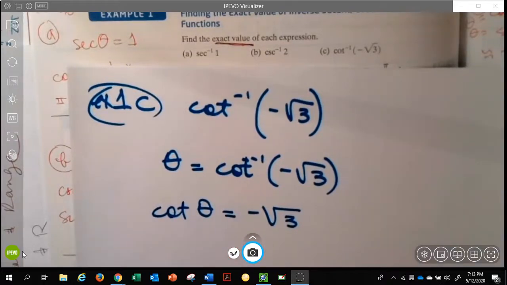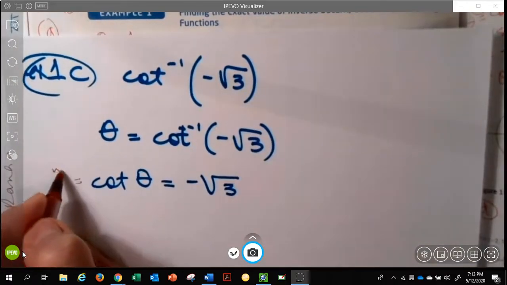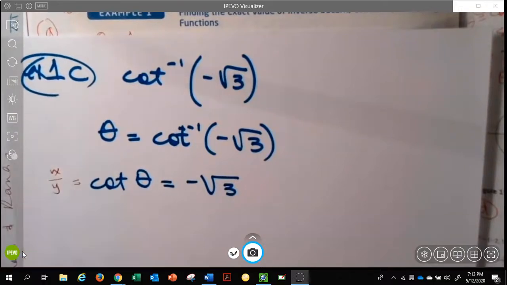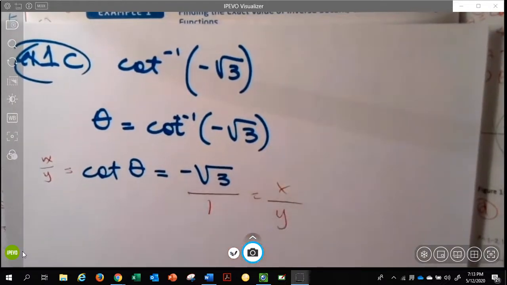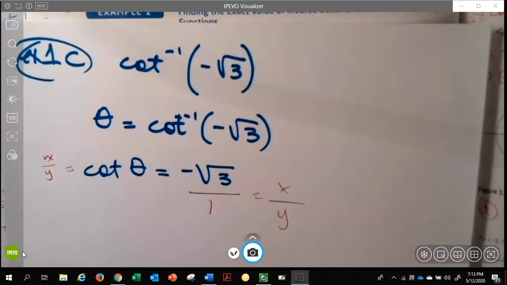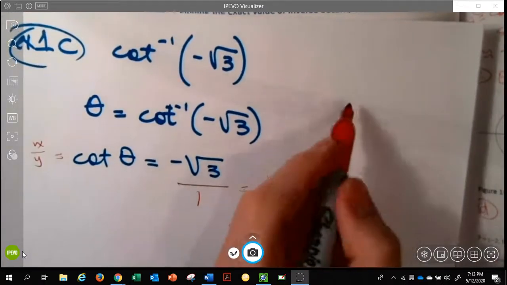This helps my brain to start thinking that cotangent is x over y. If I can make this into two parts, then it would be x over y. Then I can look at it as a triangle.